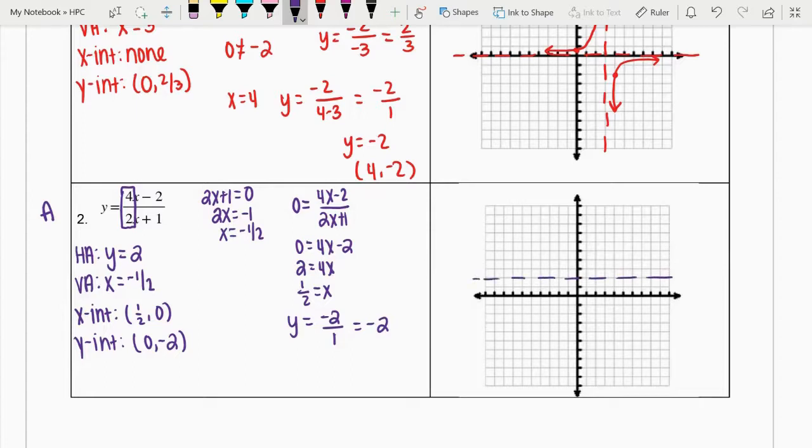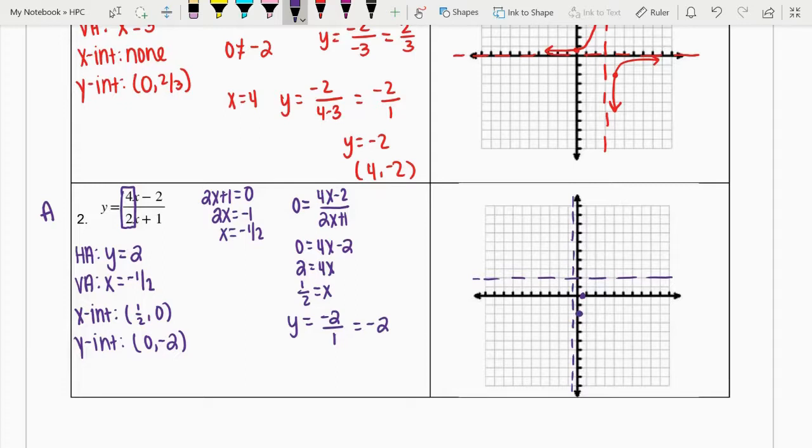My vertical asymptote is at x equals negative 1/2. My x-intercept is at 1/2, 0. And my y-intercept is at 0, negative 2.